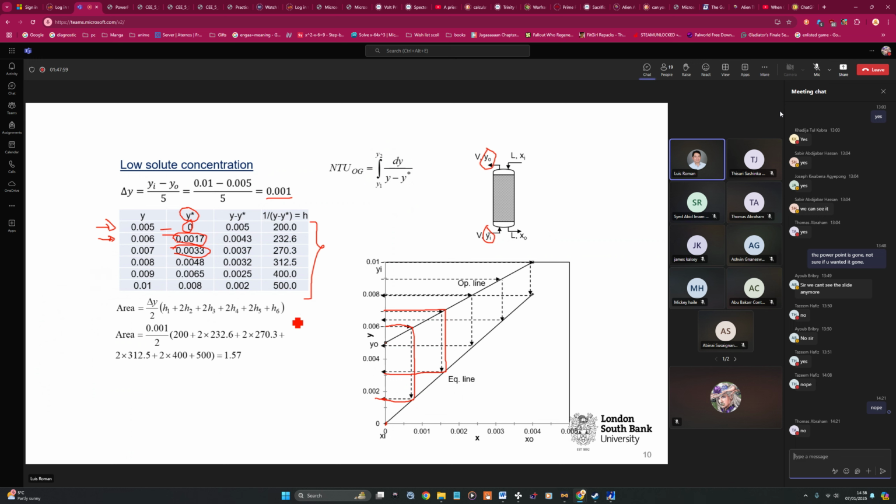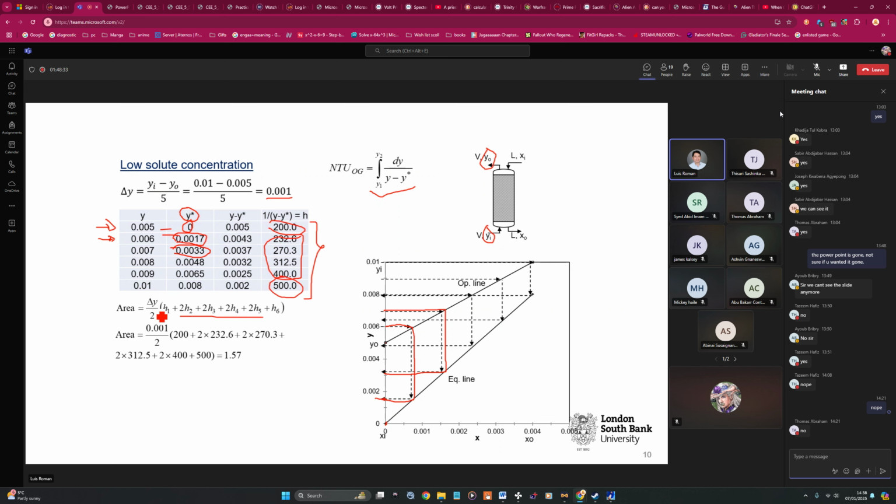If you remember the trapezium rule, the area under the curve is given by delta y over 2, that's the formula, times the function evaluations. The extremes are not multiplied by 2, and all the function evaluations in between are multiplied by 2. So all of these, when you add them, need to be multiplied by 2, but not the extremes.